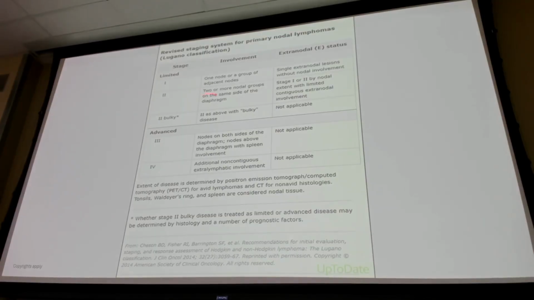One node is stage 1. Now I've got 2 or more nodes on the same side of the diaphragm in stage 2. Nodes on both sides of the diaphragm, I'm in stage 3. Additional non-contiguous nodes, and we'll show that in a picture later on, is stage 4. So which nodes, where, and what side of the diaphragm? Lugano classification.